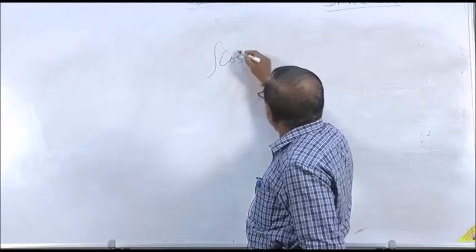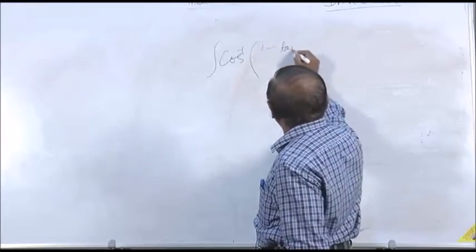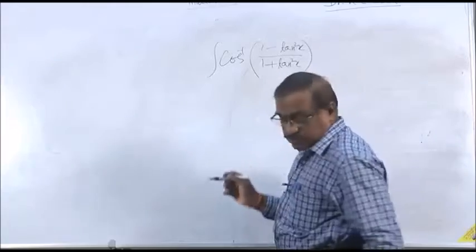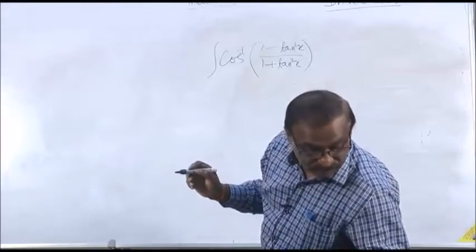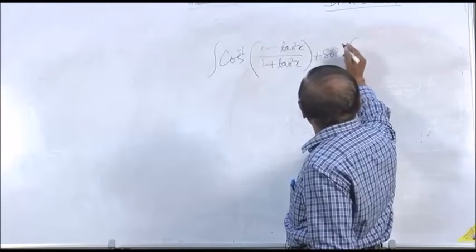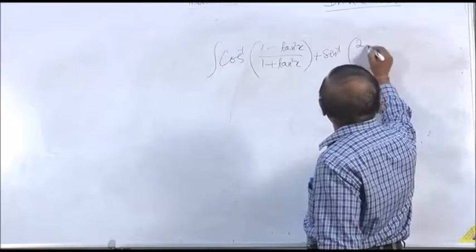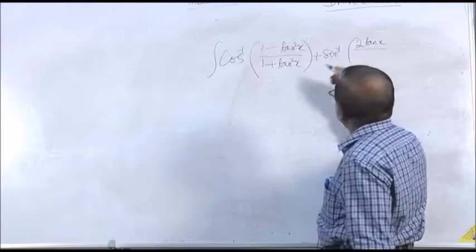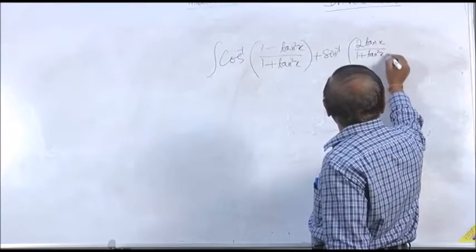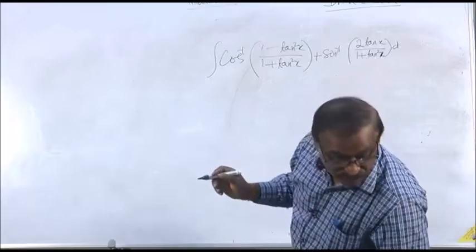Integration of cos inverse of 1 minus tan square x by 1 plus tan square x, plus sin inverse of 2 tan x by 1 plus tan square x, in a curly bracket.